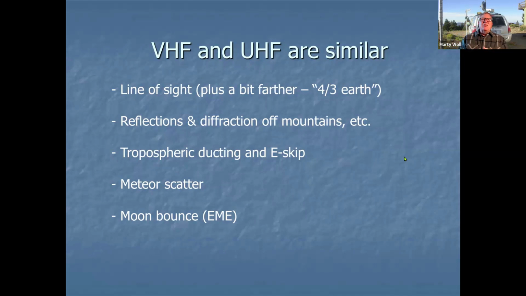In addition to line of sight, you've got reflections and diffraction. You can knife edge over mountains, and reflections, where we're basically talking about bouncing off buildings and mountains.